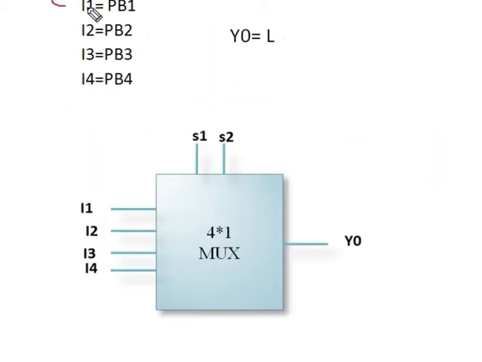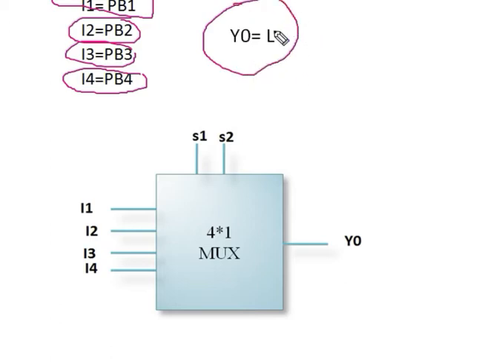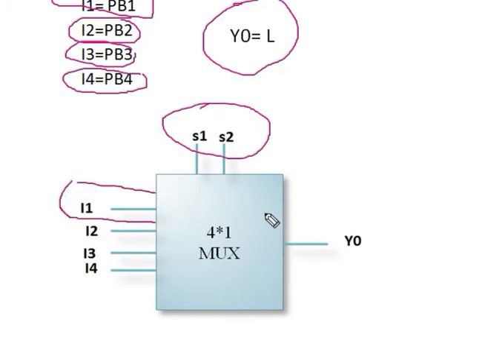See, I have taken I1 as push button 1, I2 as push button 2, I3 as push button 3 and I4 as push button 4. Here Y0 represents a lamp, means I have taken a lamp or load, you can take it. These are the selectors, means when we are selecting this point we have to select input accordingly, then only we get the output. Means if you have a number of inputs I1, I2, I3, I4, then you have to select a particular output to get the destination.